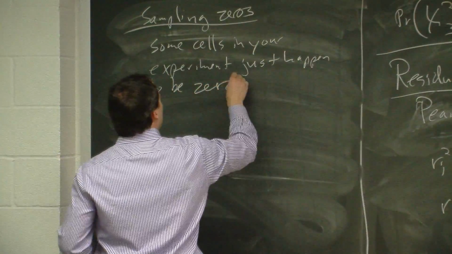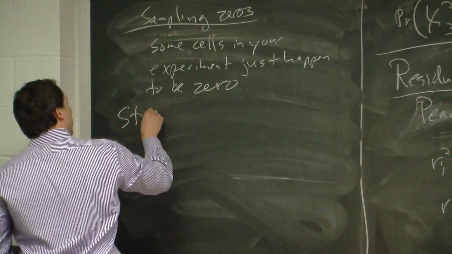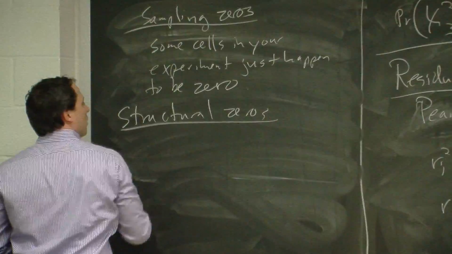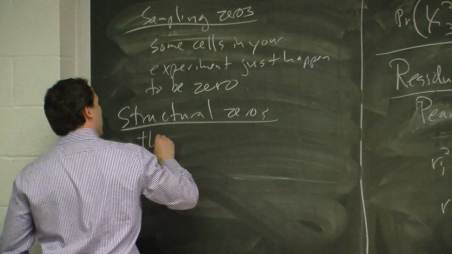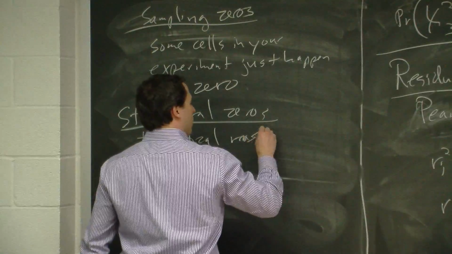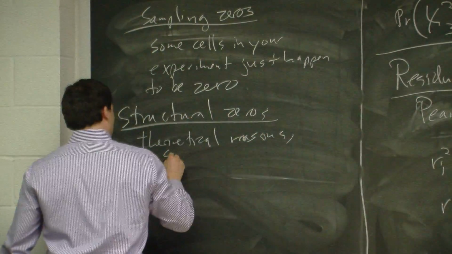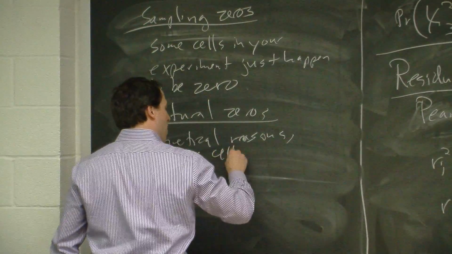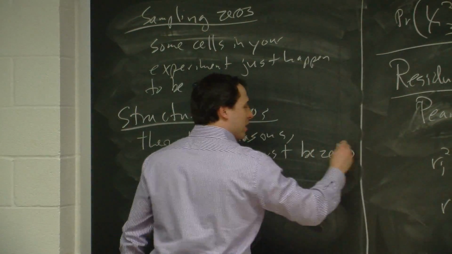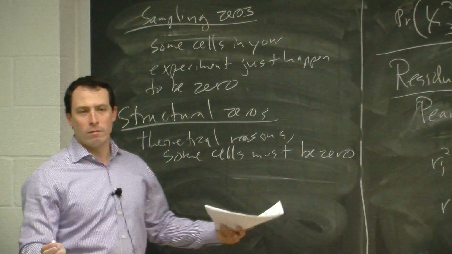And the other kind you can get are structural zeros, which is that for theoretical reasons, physical reasons, whatever, some cells must be 0. In other words, some cells represent things that are impossible.